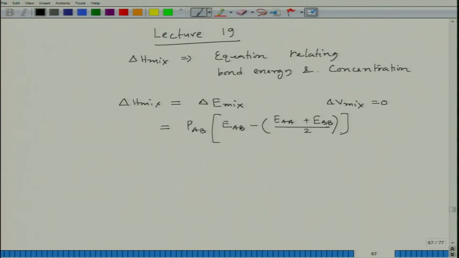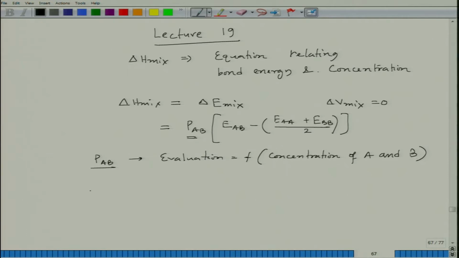Now, we have to find out the value of PAB, this evaluation we have to do as a function of concentration of A and B in the mixture.